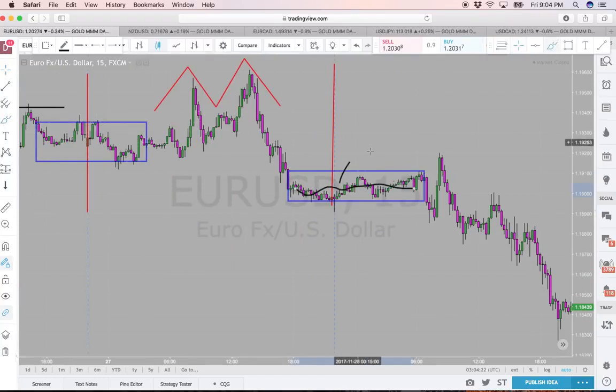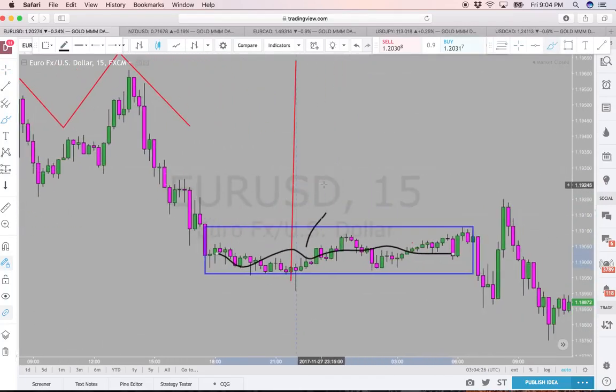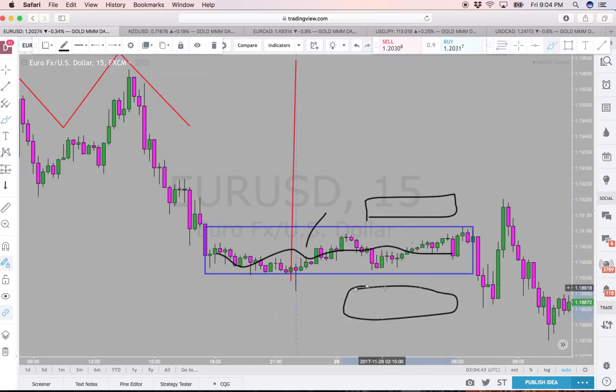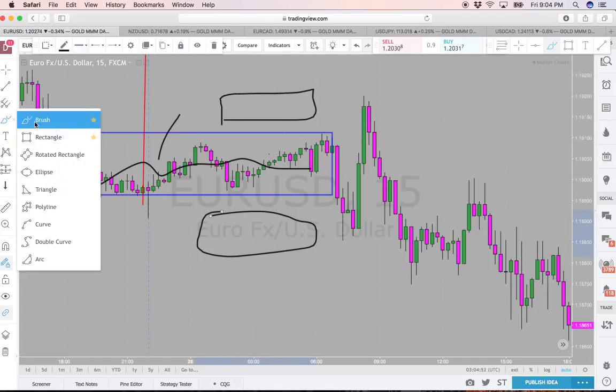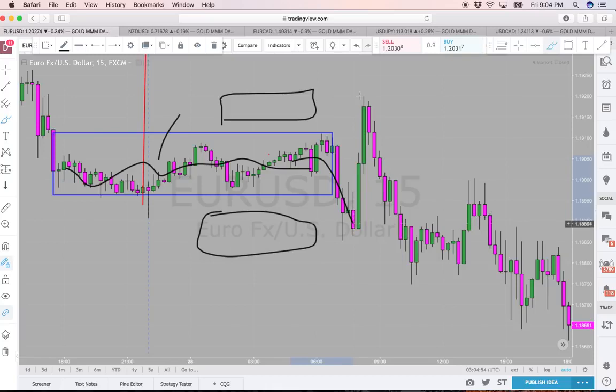Retail traders place their buy stops and sell stops above and below consolidation. So imagine 5 to 10 pips above this consolidation, there is a chunk of buy stops and a chunk of sell stops, right? So what does the dealer have to do to activate those orders? He has to do what we call this whipsaw formation.